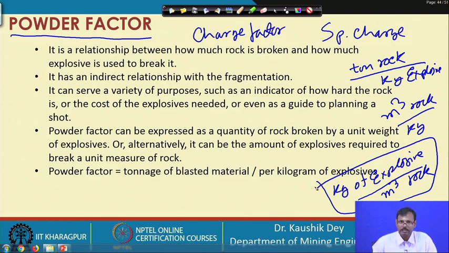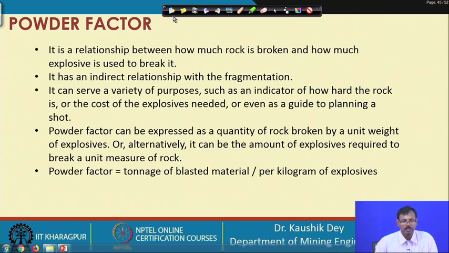The idea is that it is dictating the economics of the blast, and this is also dependent on the fragmentation. That means, if we are giving a lesser amount of charge, that means a lesser amount of shock wave is being generated, which fragments the rock into a larger fragment size.